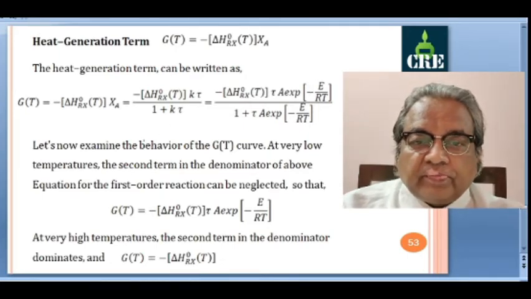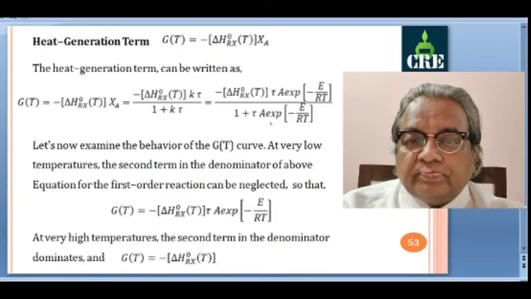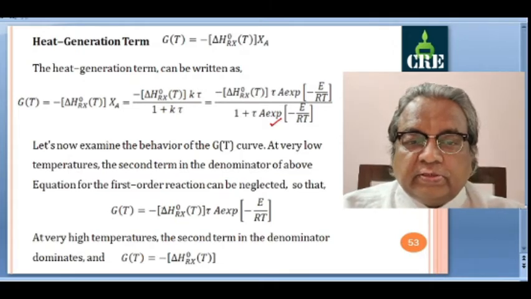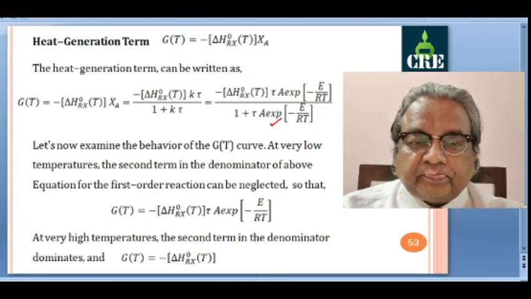So the second term in the denominator in this equation will become negligible as compared to this, and when it becomes negligible, you are left with the expression G of T is equal to this multiplied by this, means numerator only, as you have denominator 1.